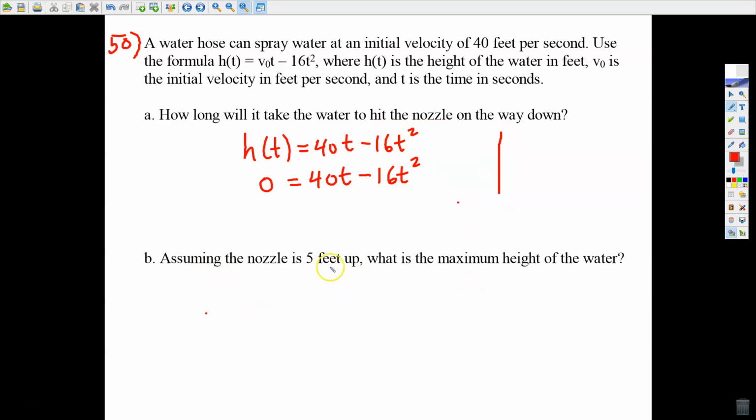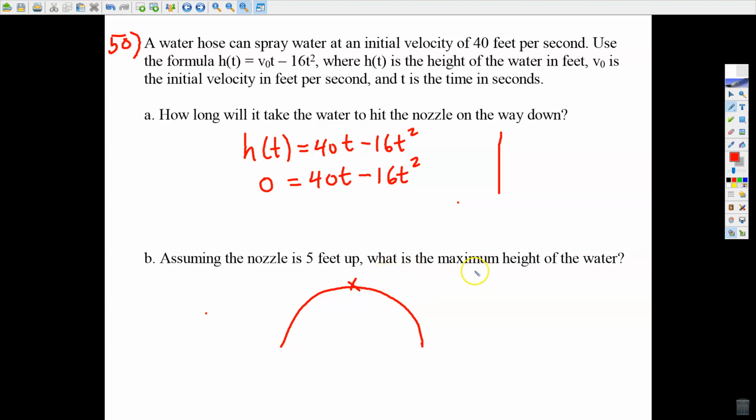Okay, this one, anytime you're asked to find the maximum or the minimum of these quadratic functions, that's going to involve finding the vertex. Okay, so basically, I'll just kind of help you out here. I'm sorry, it's negative. All right, so that's right. We're going to find this very highest point.